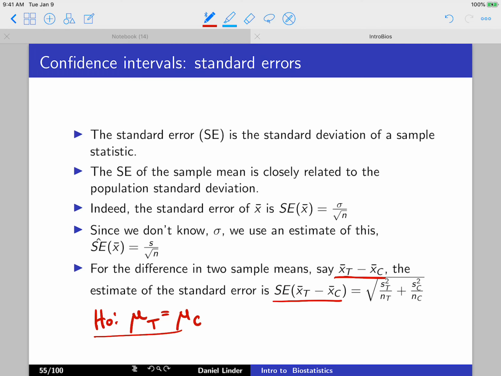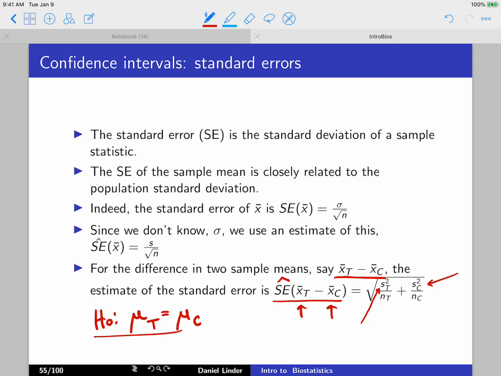the sample mean in the treatment group and the sample mean in the control group. And actually, I should write a hat here, so make sure you correct that. Okay, and the reason I should write a hat here is because I don't have sigmas anymore. I have s's. So these are the sample estimates.